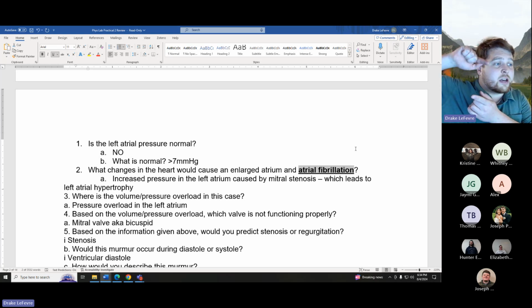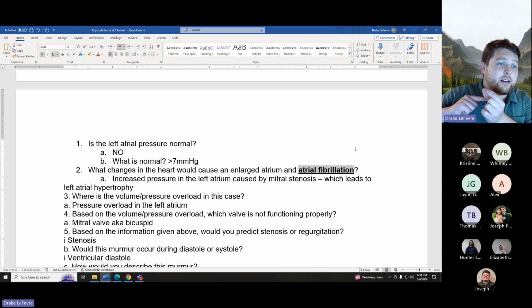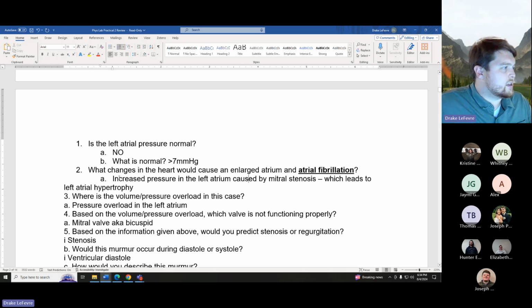By the time it's gotten through all of the muscle, which typically has that absolute refractory period, but it's so hypertrophic that it finishes getting through all of the muscle, and the muscle at the beginning has reset enough that it can send another signal, and it kind of loops just like that. So, what causes that?